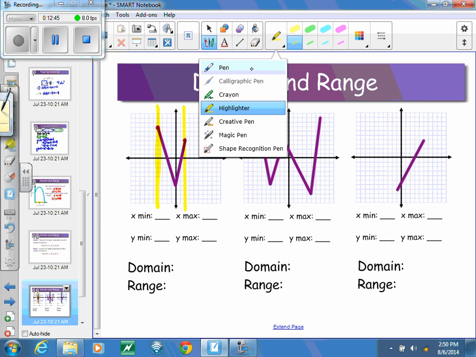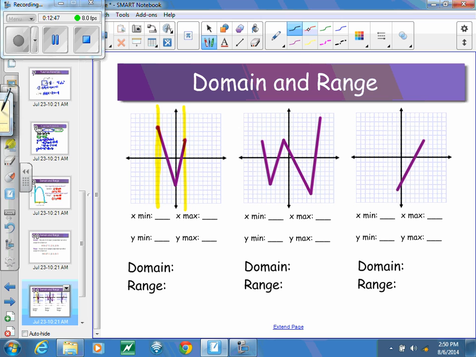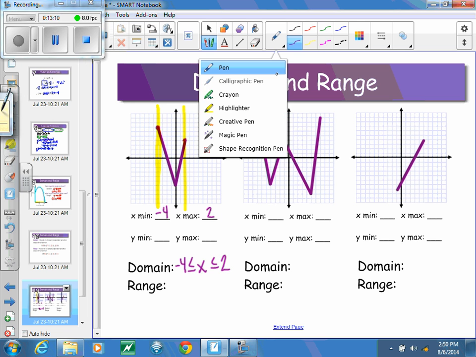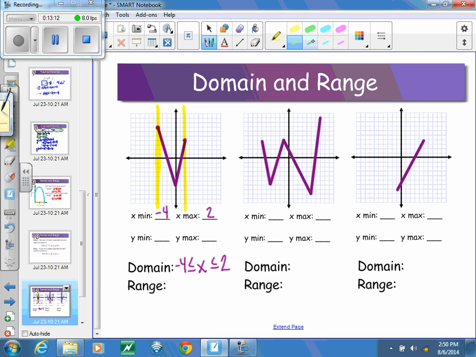So my smallest x value is -4 and my largest x value is +2, and my domain is everything that's in between there. So my x values here are less than or equal to +2, greater than or equal to -4. And there's my interval.